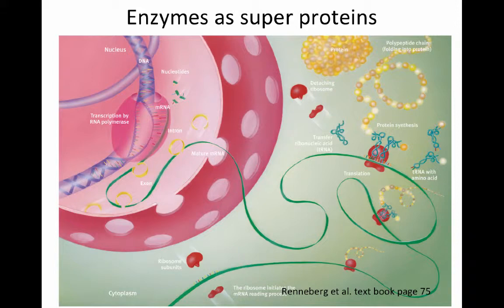Those amino acids are then added according to the recipe of this gene into basically long strings of pearls in a polypeptide chain. So this golden chain at the top are these strings of amino acids that are formed from these codons and that form proteins. These proteins are not all enzymes, but a lot of them are enzymes.